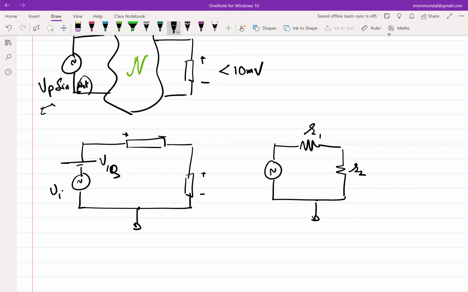The resistive equivalents were derived from the slope of the IV characteristics, or 1 over the slope, around the quiescent point.